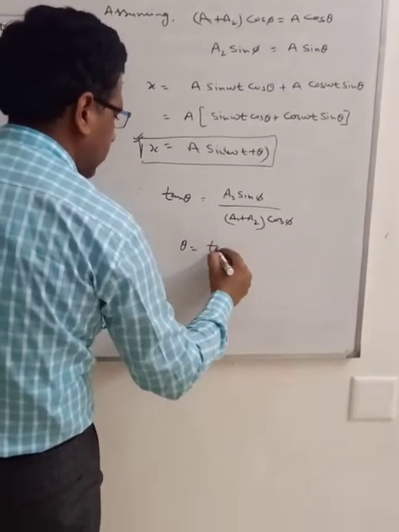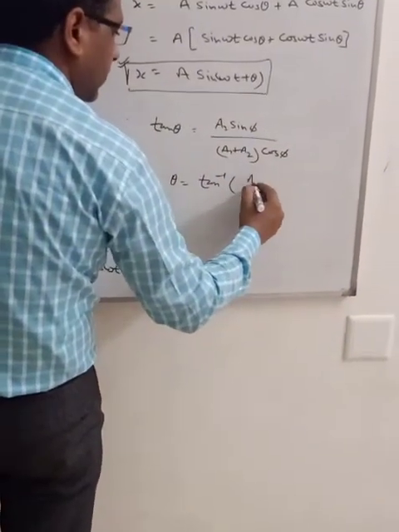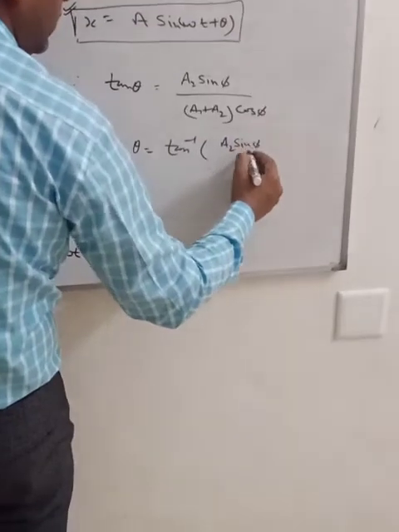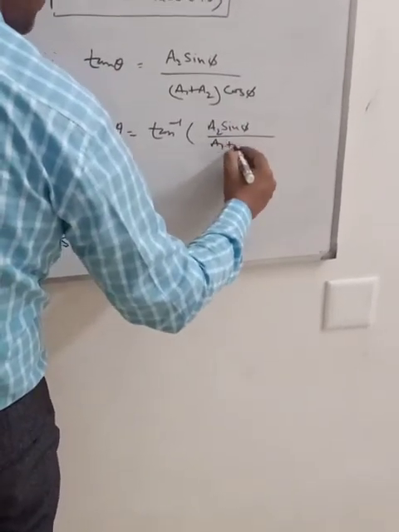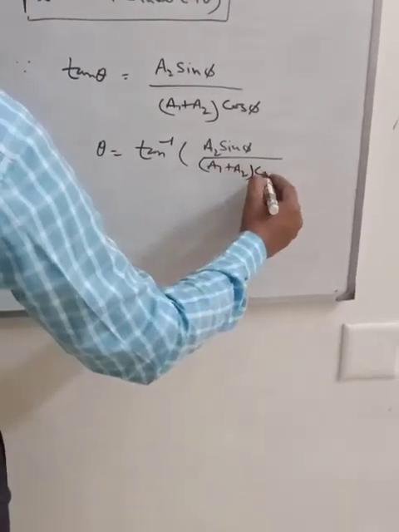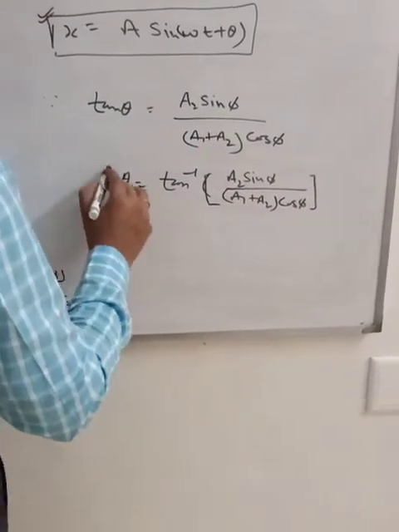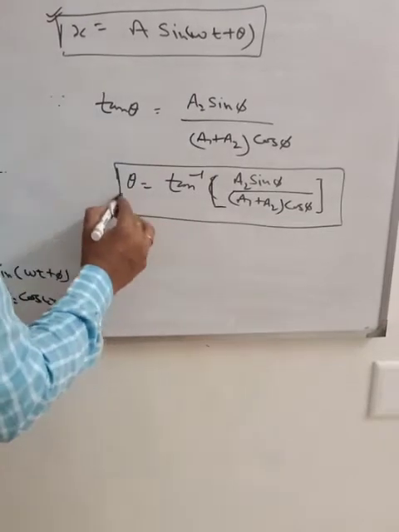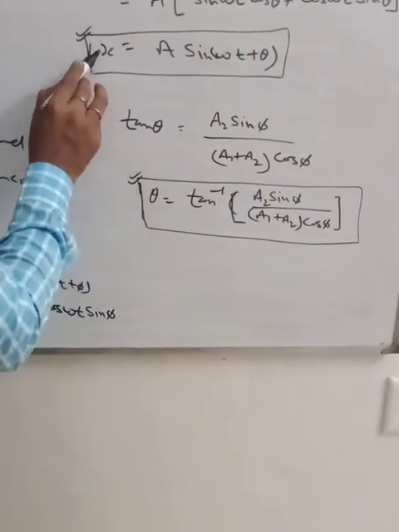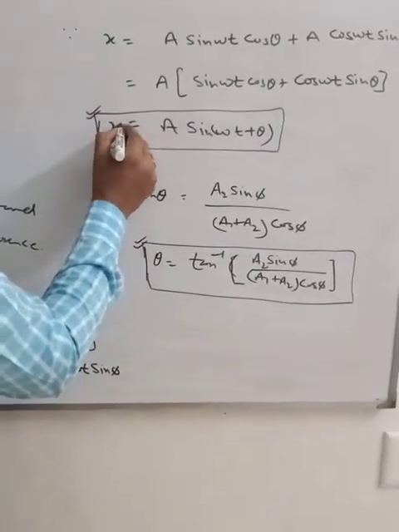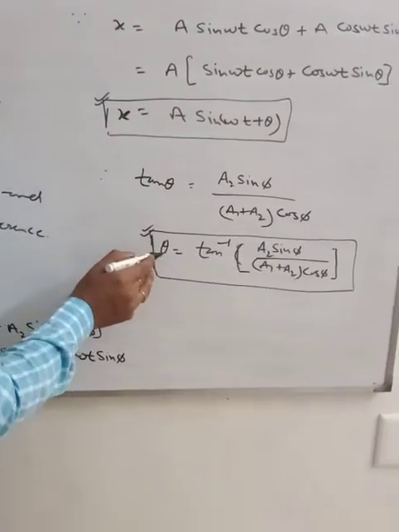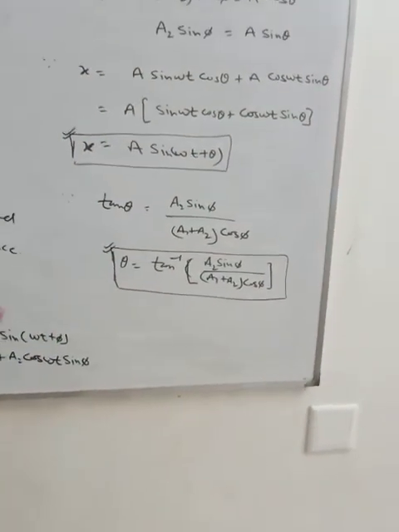Therefore theta is tan inverse of a2 sin phi upon (a1 plus a2 cos phi). This is the final solution x of addition, and this is the direction of this final solution.